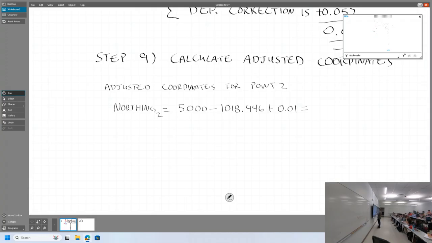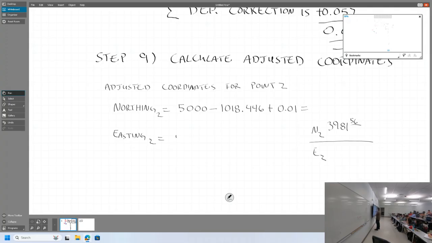That means that the northing 2 is now 3,981.56. Right down there.